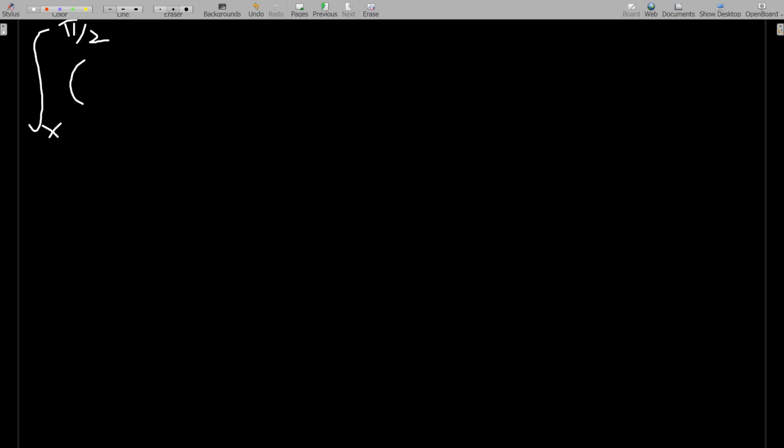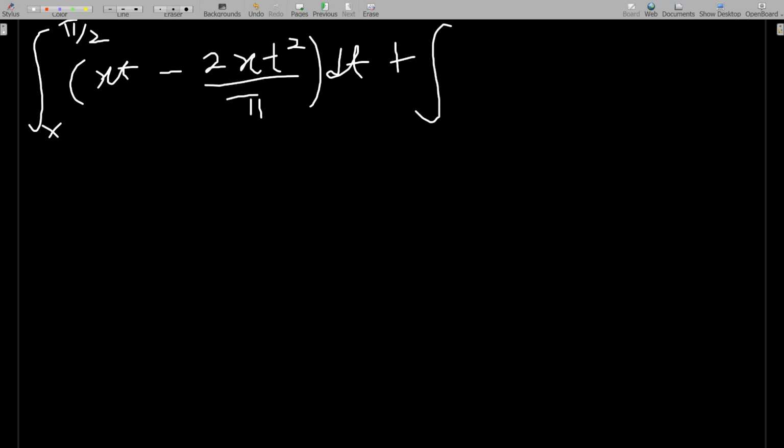Now when I multiply through by xt, I have xt minus 2xt squared over pi, then dt, then plus integral from 0 to x, and I have 1 minus 2x over pi t squared dt. With this one there's no t in the bracket, so we don't expand.